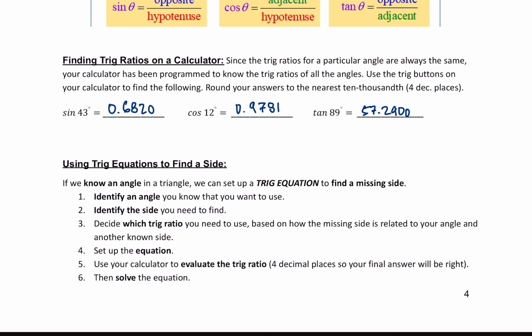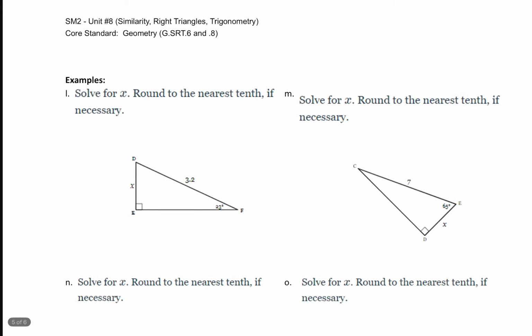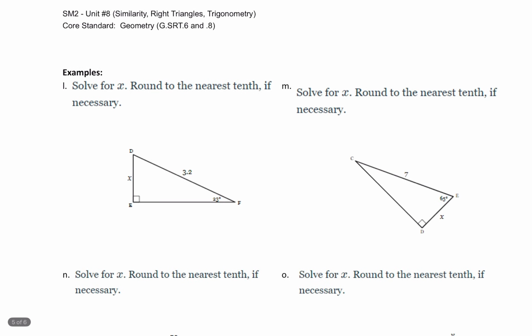So, what does that look like? Well, here's some examples. We'll look at example L. It says solve for x and then round to the nearest tenth if necessary. The first step is always identify my angle. I'm always going to use the angle that it gives me. It gives me this angle of 23, so that's the angle I'll be using.